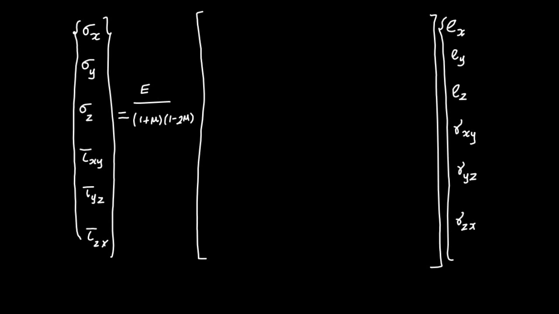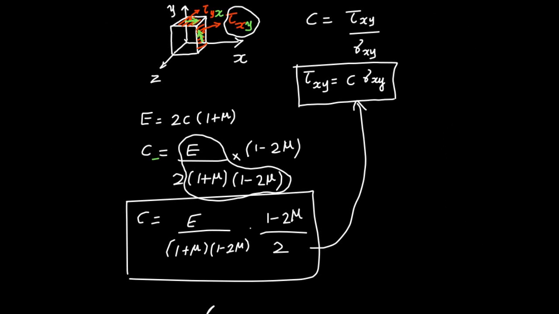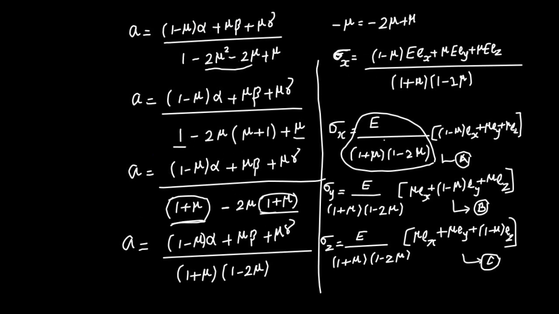And writing it in the form of a matrix is easy. All you have to do is first write the coefficient of epsilon x in equation A. So what is the coefficient of epsilon x in equation A? It is 1 minus mu. Then you write the coefficient of epsilon y, which is mu. Then the coefficient of epsilon z, which is mu.